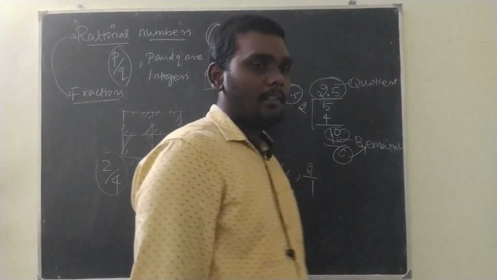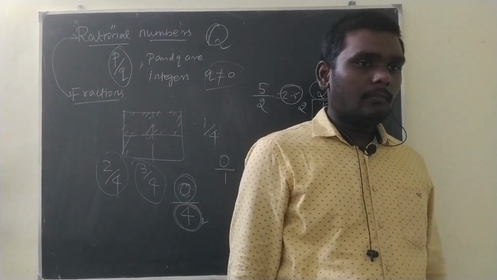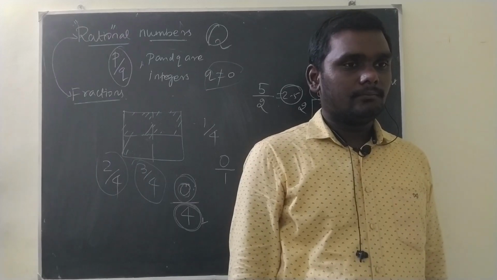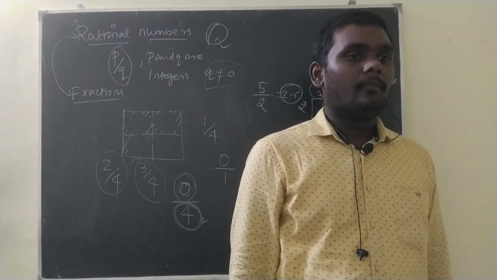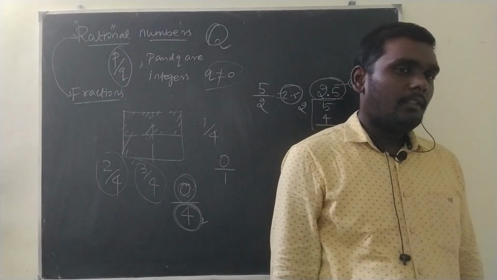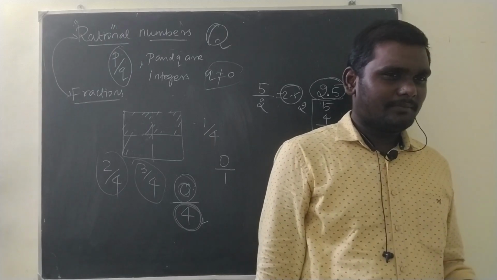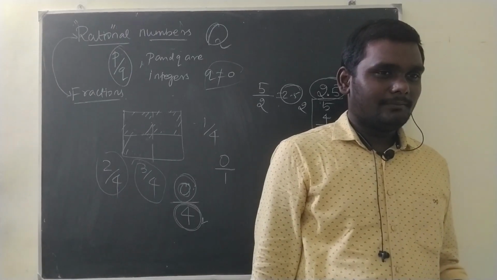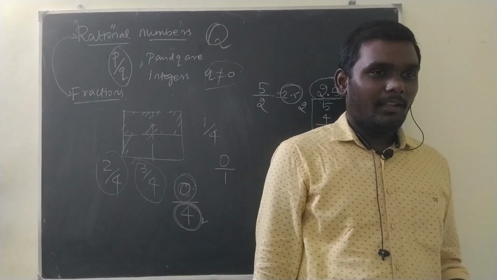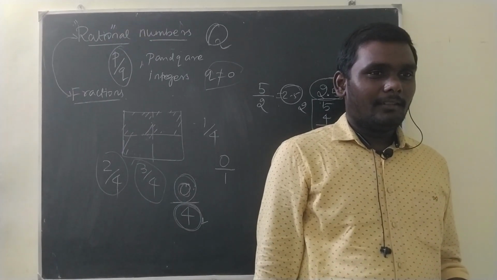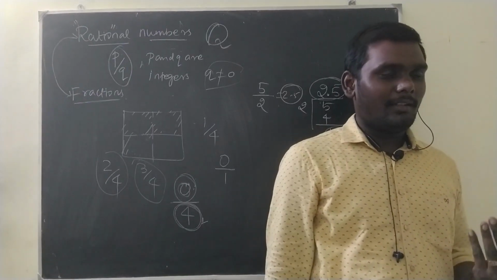So all the whole numbers are rational numbers. Okay. Next, you know what I am going to ask? I asked whether natural numbers are rational or not, and whether whole numbers are natural or not.